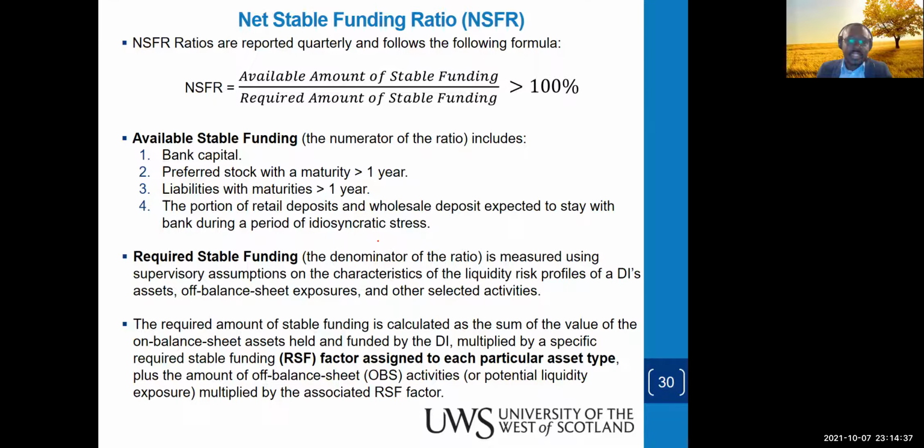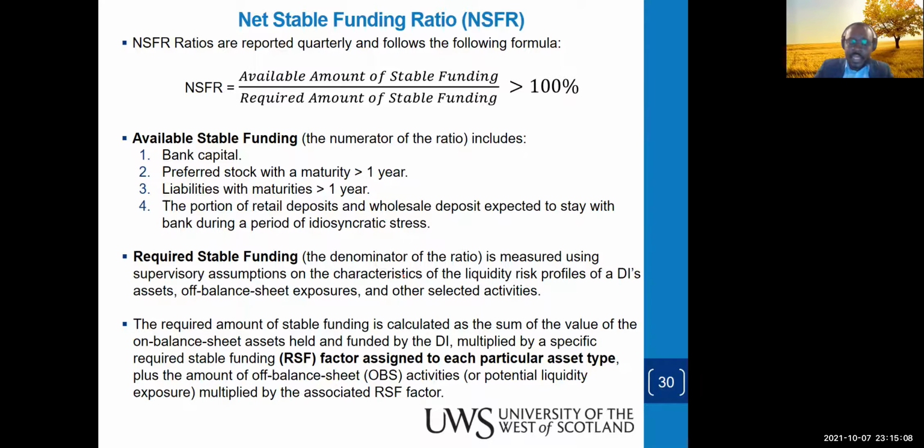Now, stable funding, the numerator, is given as bank capital, preferred stock with maturity over 1 year, and liabilities with maturities over 1 year. You always find it on the face of the balance sheet. The required stable funding, the denominator, is measured using some supervisory assumptions, and they will give the factors that you should use: the ASF factors and then RSF factors.